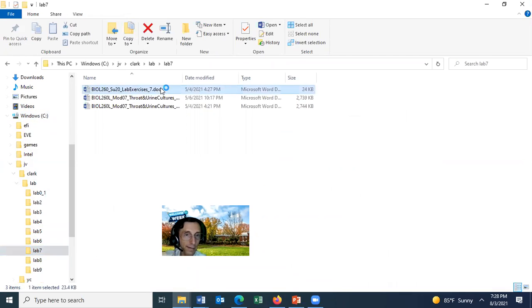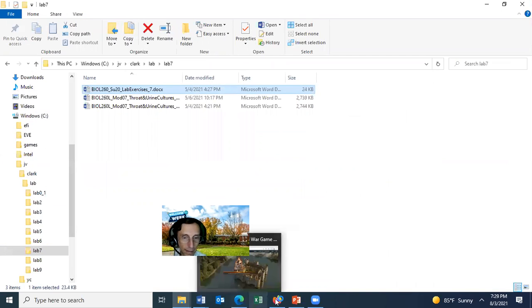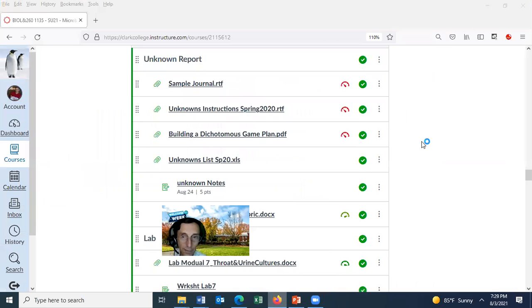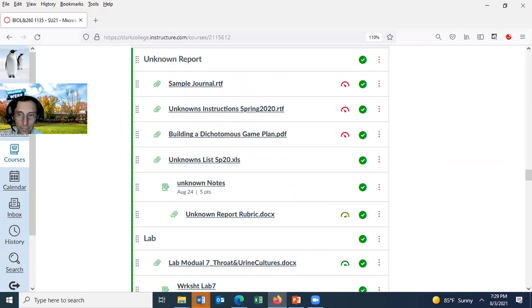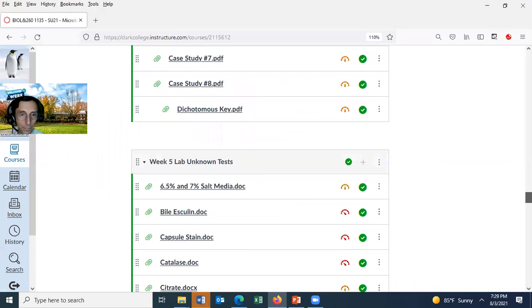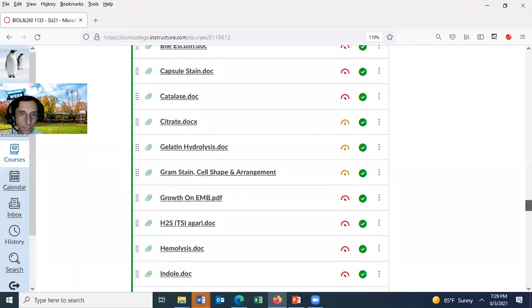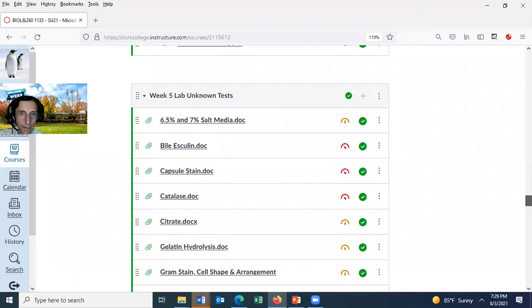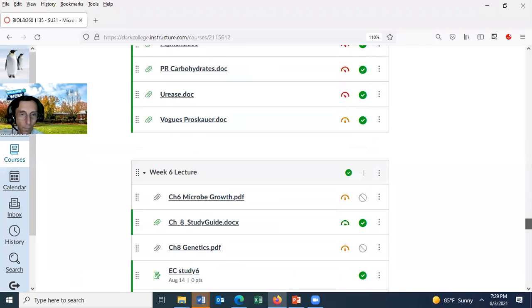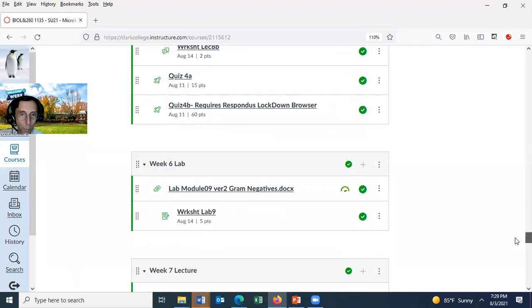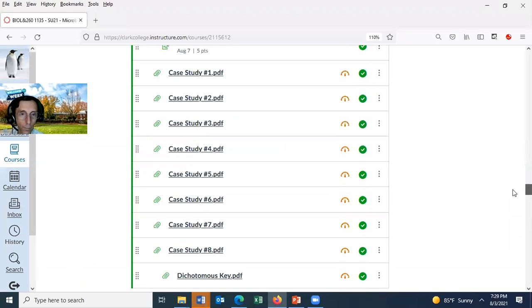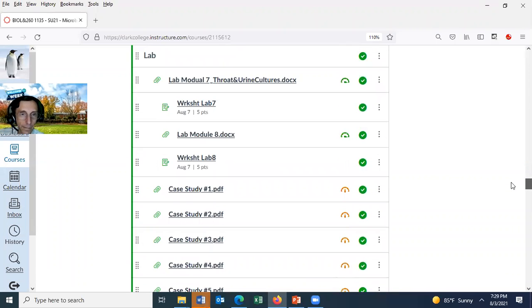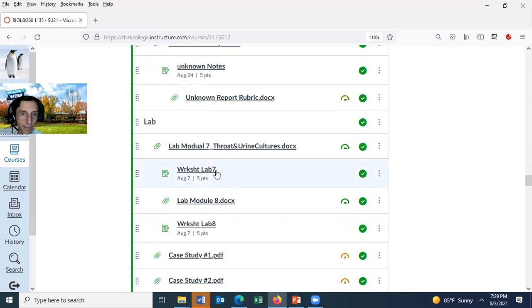So do your lab exercises, which you can find from a link in Canvas. Scroll down to the appropriate week. There it is, Worksheet Lab 7.